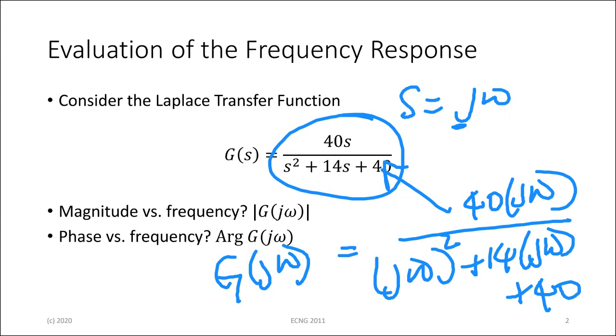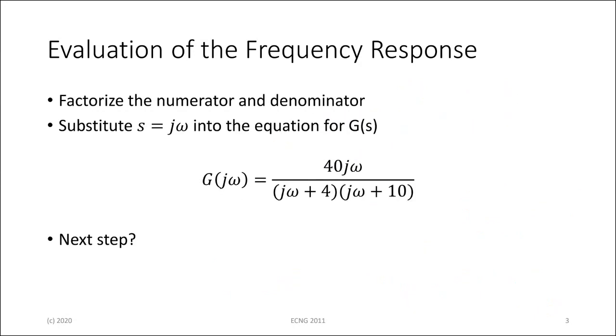But then I need to factorize something afterwards. So it's easier to factorize with s than to factorize j omega all squared. So if you're given the transfer function, factorize it first if you can. That's step one. So if you factorize it and then make the substitution, this is what j omega is going to be.